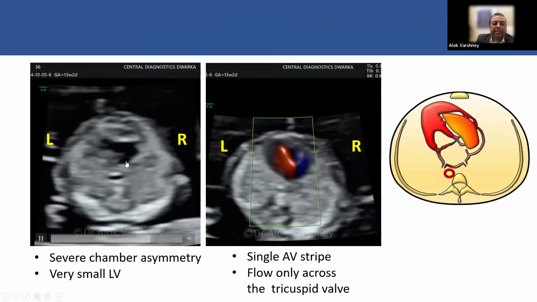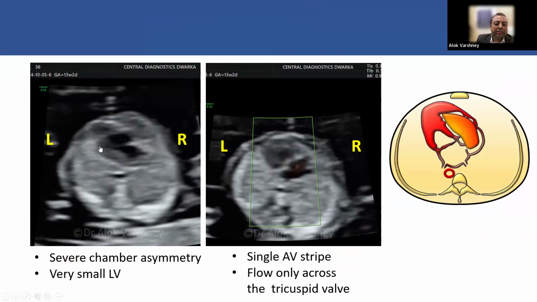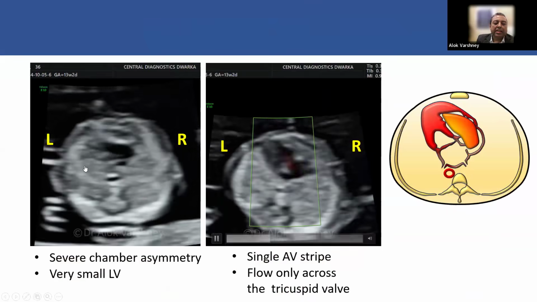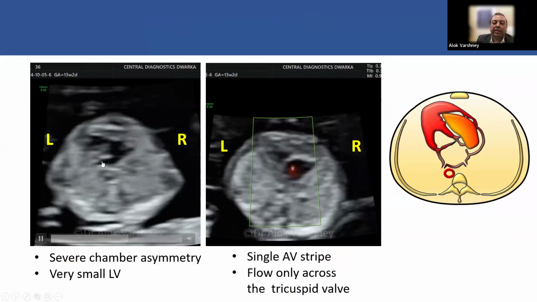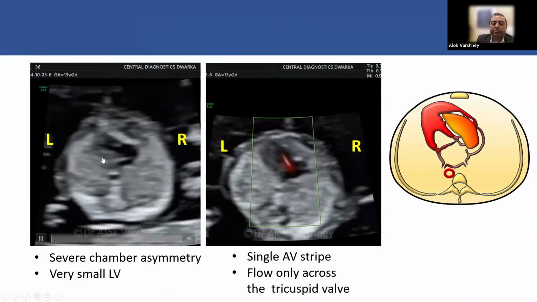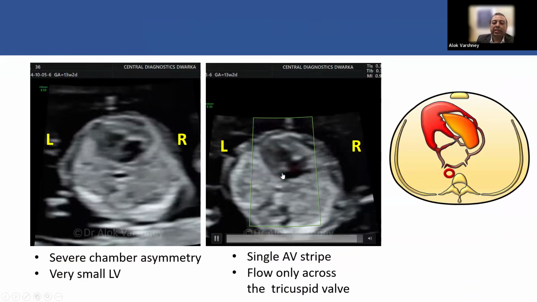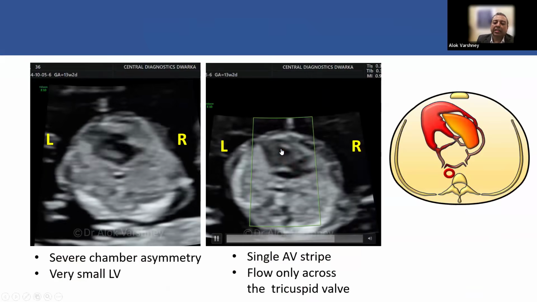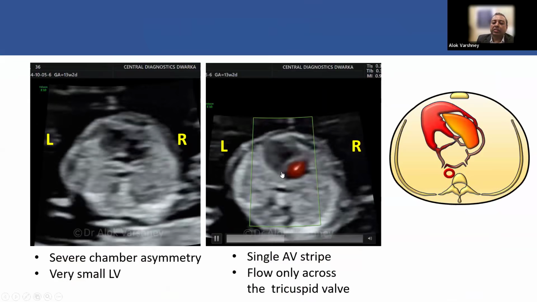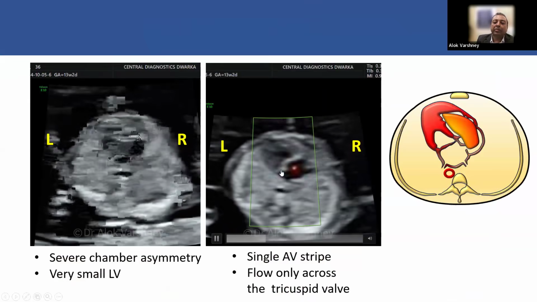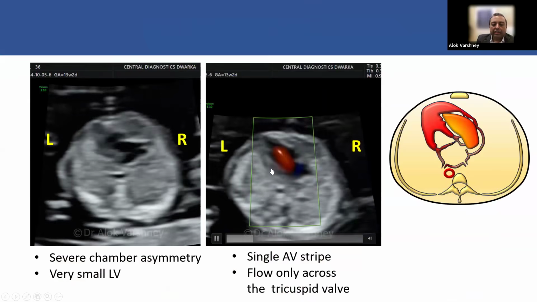Here we can see that the 4-chamber view is abnormal. There is severe chamber asymmetry. That's the right side, this is the left side. And we can see that the left-sided ventricle is barely visible. Nothing can be seen. When we turn on the Doppler, we can see that there is only one atrioventricular stripe like this. No flow is seen across the second AV valve, the mitral valve.